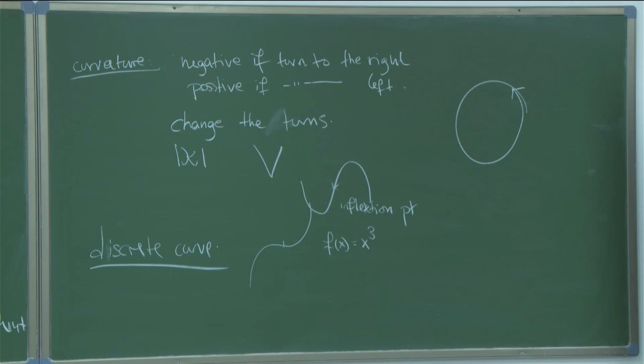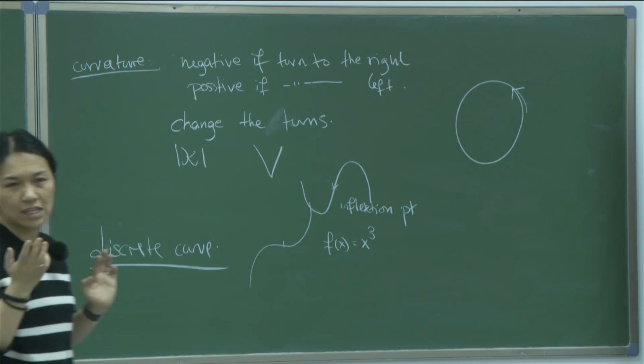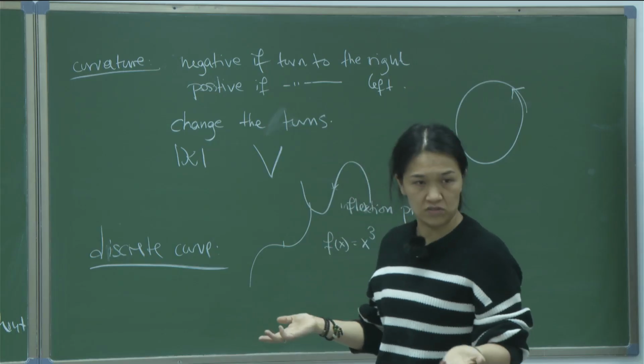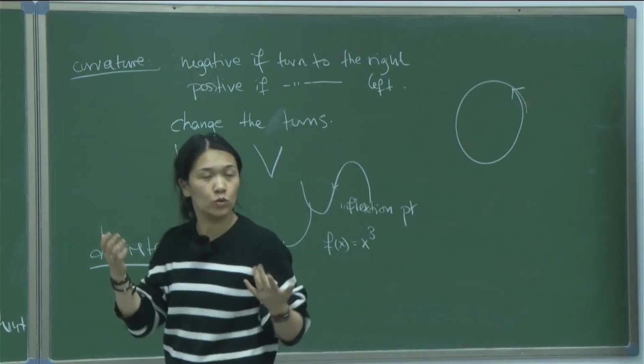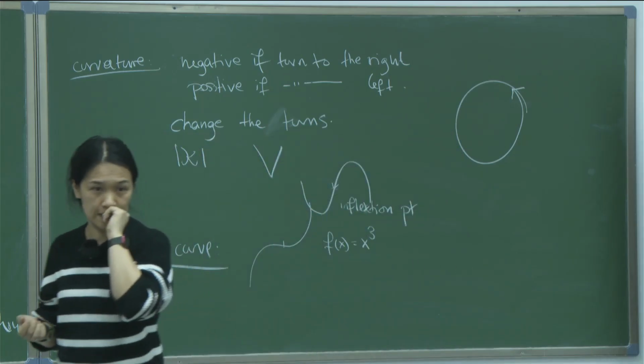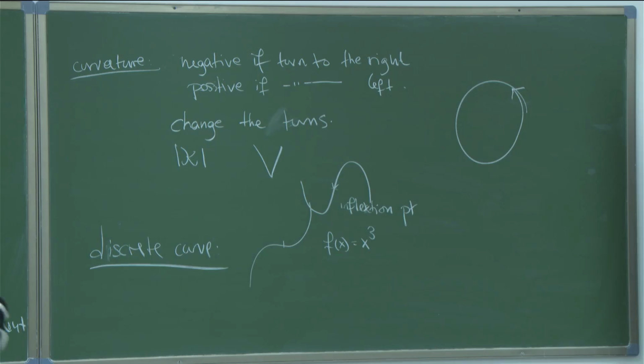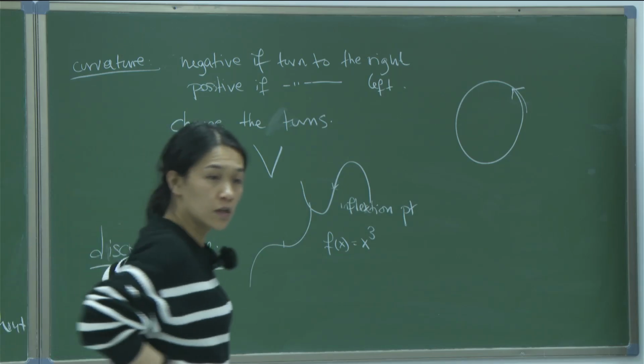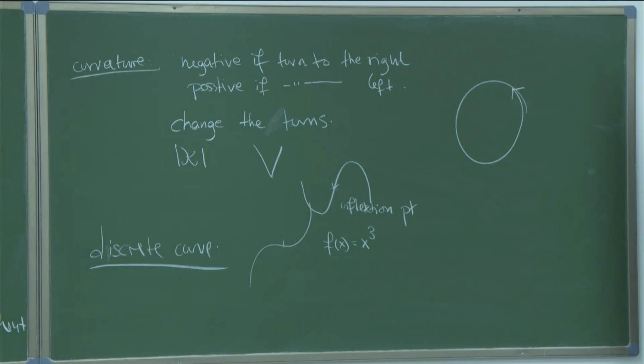Just very naive, right? Why would someone do discrete curves? How would the discrete curve look like? Some discrete points in R2. Can you draw it for me?